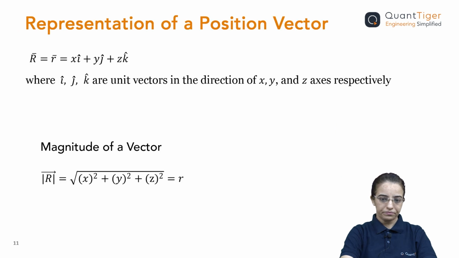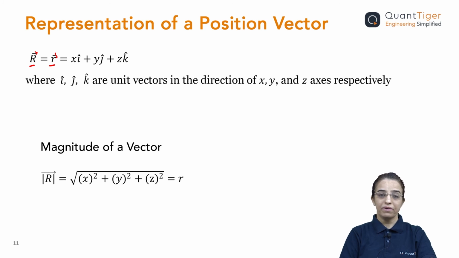Now we have learned what a position vector is. Mathematically, we normally use the symbol capital R, and also small r. In many books it is most often represented by small r with a vector sign on top, but capital R also gets used, so nothing is wrong in that.